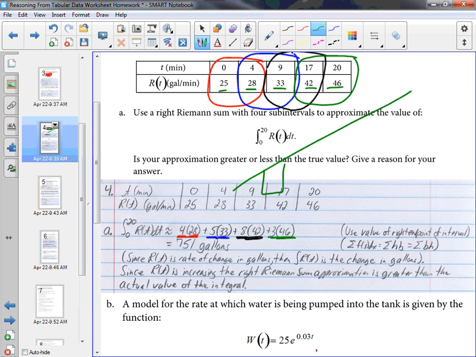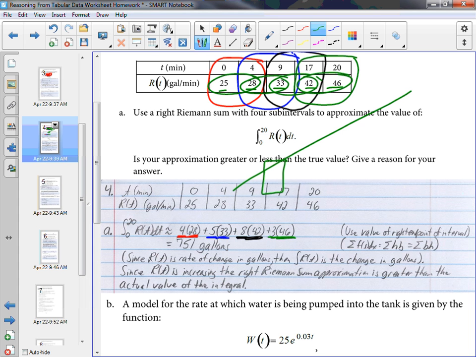If I draw a rectangle in, isn't the right edge taller than the left edge? You can just go a rectangle at a time, and the right edge is bigger between each pair. So we overestimated every time, didn't we? Therefore, our approximation is greater than the actual value, okay?